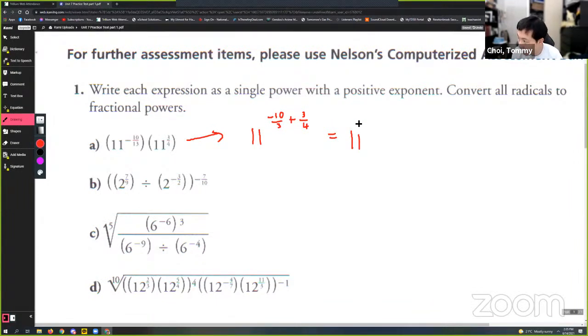So what do you do for fraction math? You find the lowest common denominator, multiply it out. So I'm going to get negative 40 over 12 plus 9 over 12. And that gives me 11 to the power of negative 31 over 12.